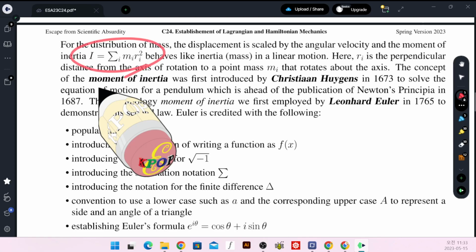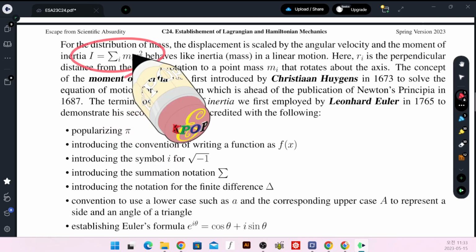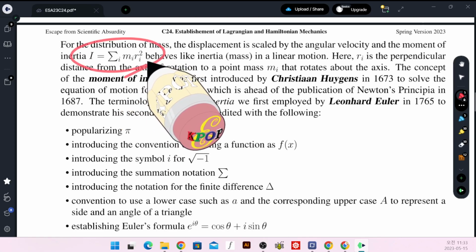That is a very important point, just like the mass in the linear momentum. But in angular momentum, instead of the mass itself, it is mass weighted by the lever arm squared.